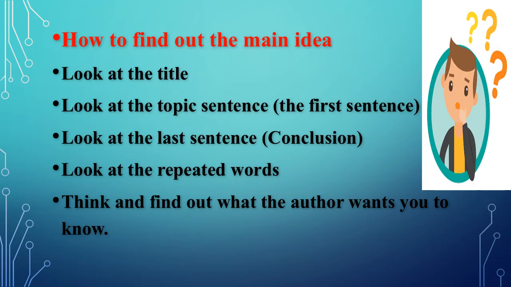Or you may think and ask yourself what the author wants you to know. Because when you know what the author wants you to know, it means that you can get the main idea.